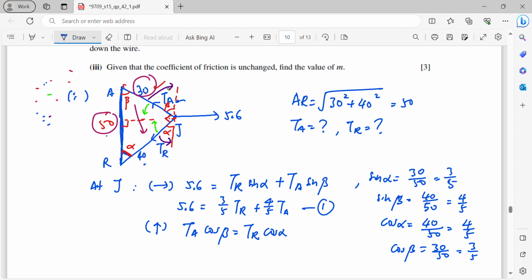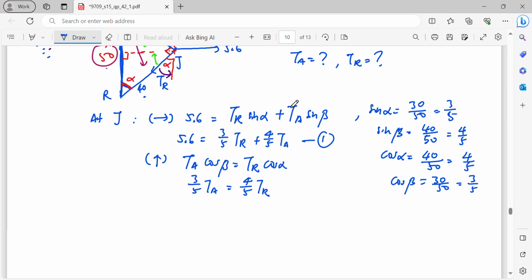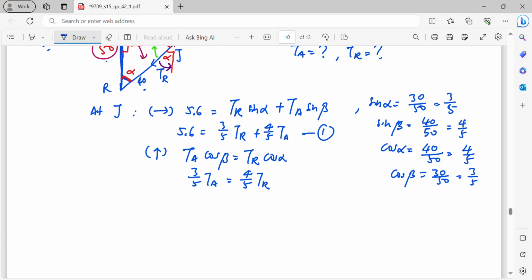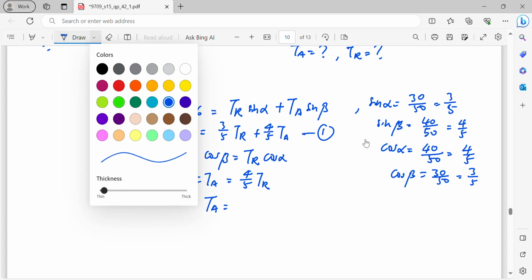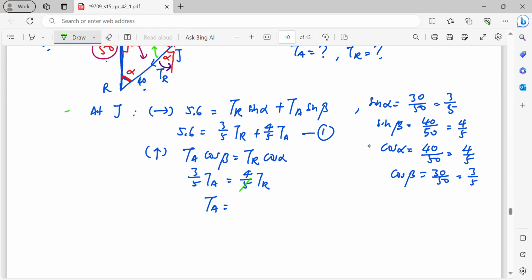Then now, TA cos beta. Cos beta is 3 over 5 TA. Then cos alpha is 4 over 5, then TR. Okay. So now from here, I will get my TA as the subject. Both also over 5, so I can cancel the over 5. This 3 I will move down.